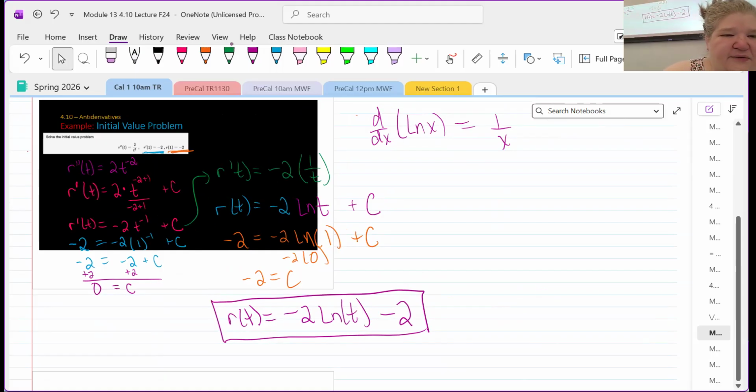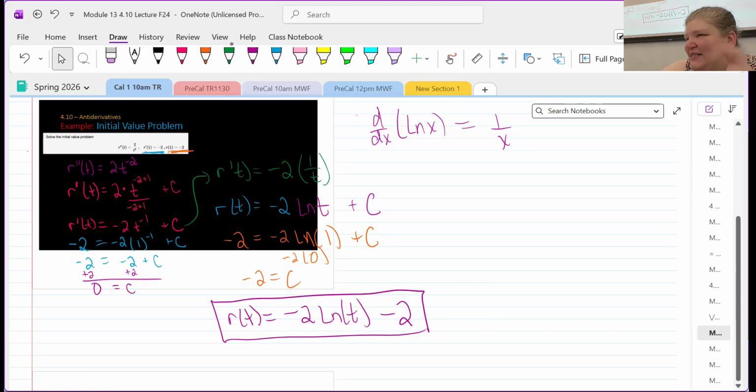So that is our very basic introduction to antiderivatives and initial values, which lets us solve for the arbitrary constant. So in general, you're going to see functions that match derivatives that you've been using a lot.